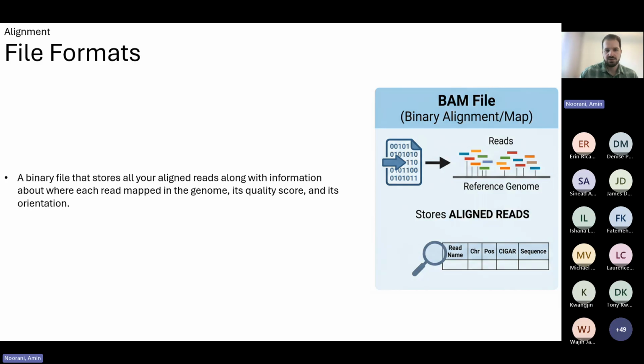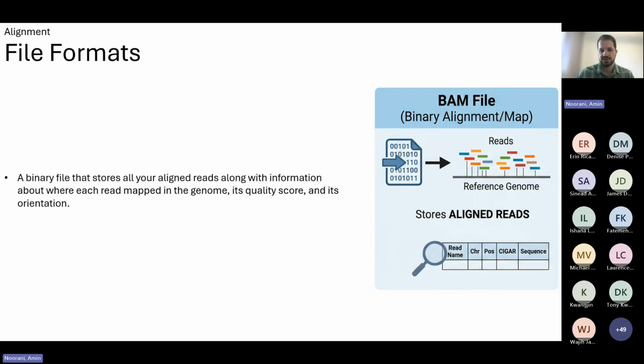It's good to mention what information is in there. It's more like the position. It's a dense file with a compressed table with one row per read. And you use this file for almost all the downstream analysis.